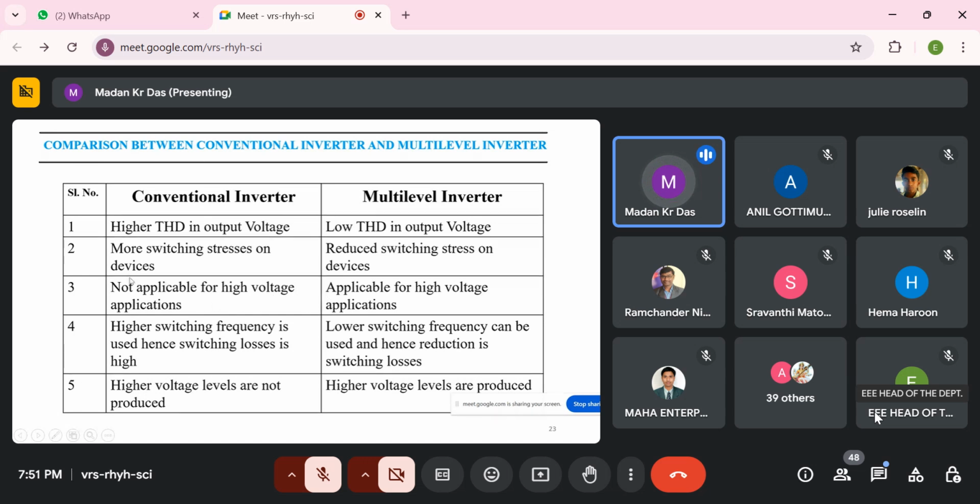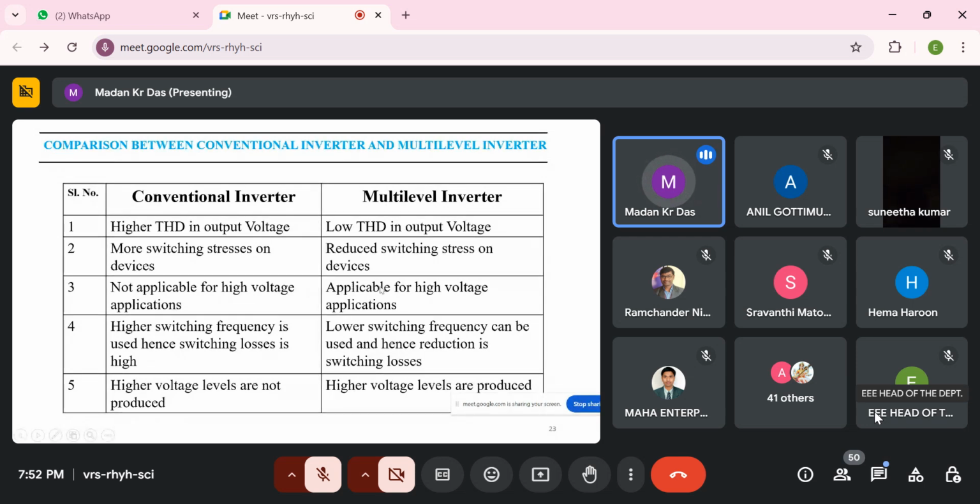And the multi-level inverter can be used in any application, high, low, or medium level. But the conventional inverter is not used for high voltage application because every IGBT has a voltage rating like 900 volt or 1000 volt, so it is not used for high voltage application.